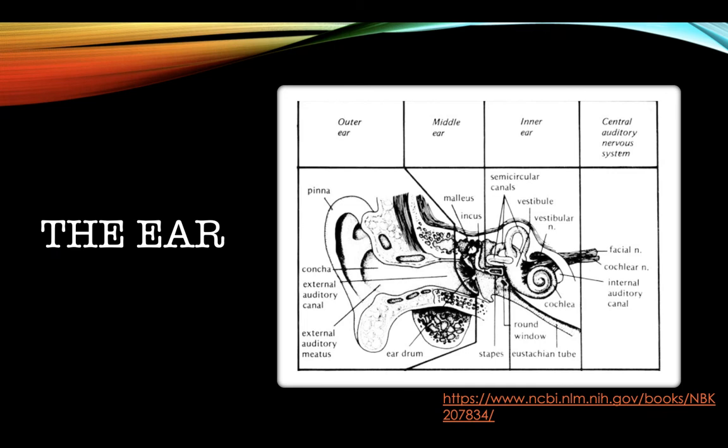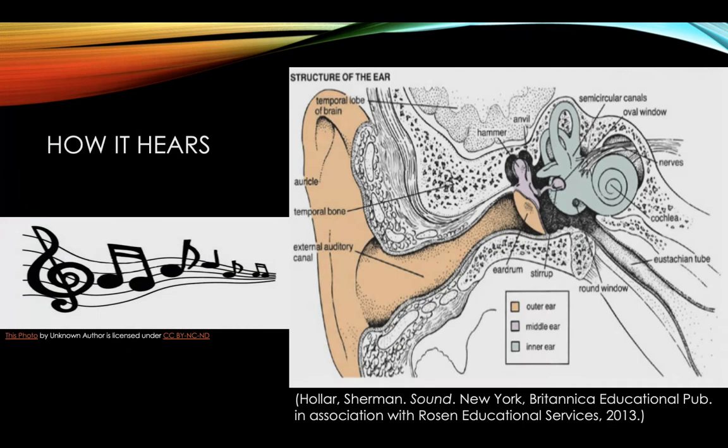So now that we've got the basic layout of the ear down, let's talk about how exactly it works when sound enters the ear. The first part of the ear that helps capture sound is the pinna, and then the external ear canal helps with the process of sound entering the ear.